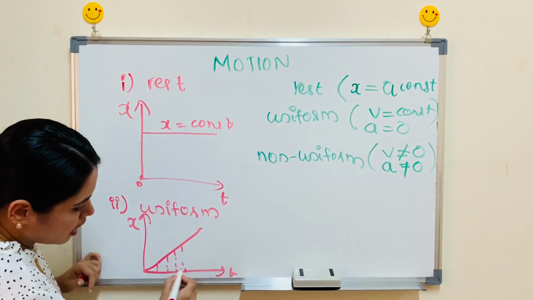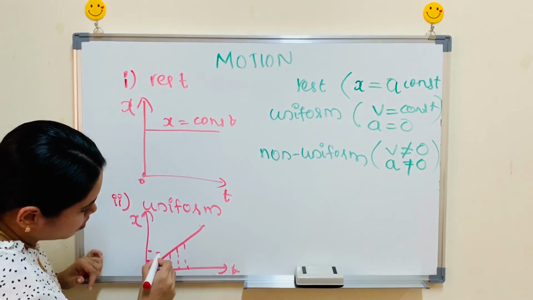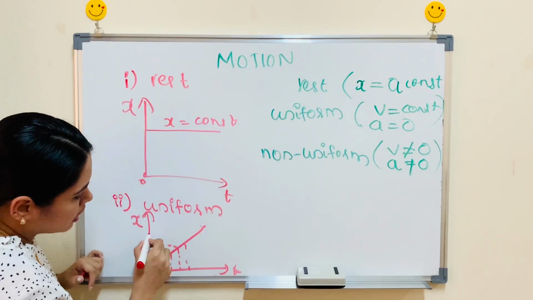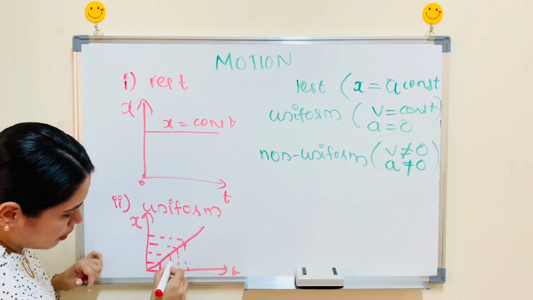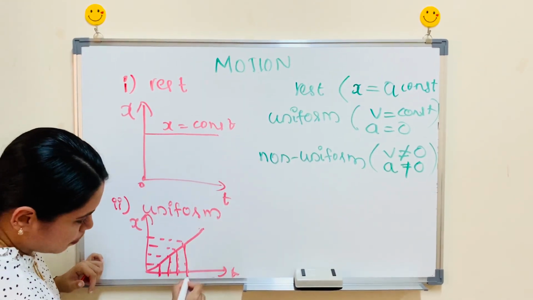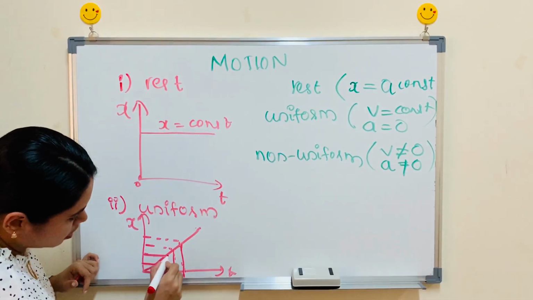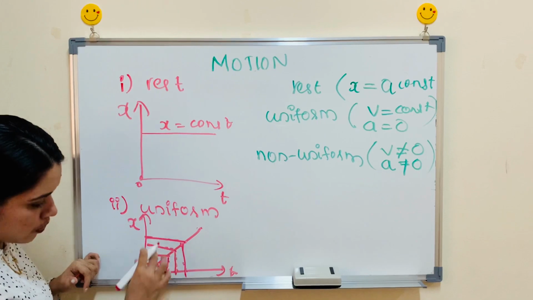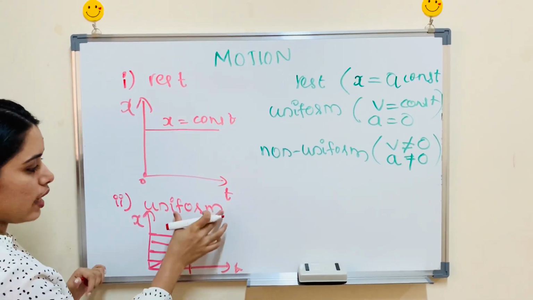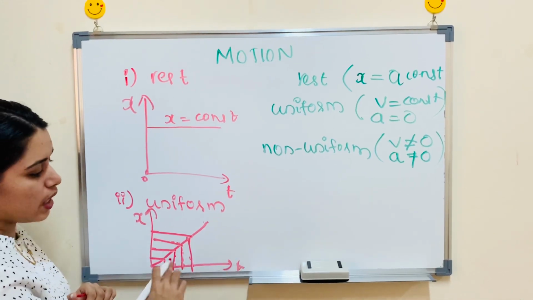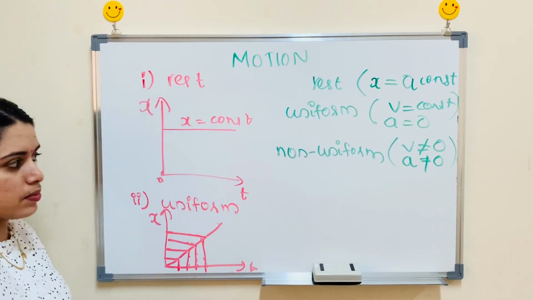The object covers equal distance in equal intervals of time. That is, in equal time intervals, the position covered by the body is also equal. So it is the case of uniform motion, and the position time graph will be a straight line.